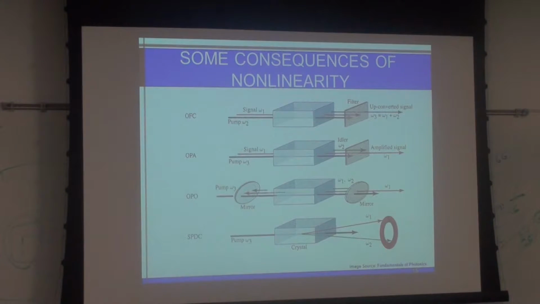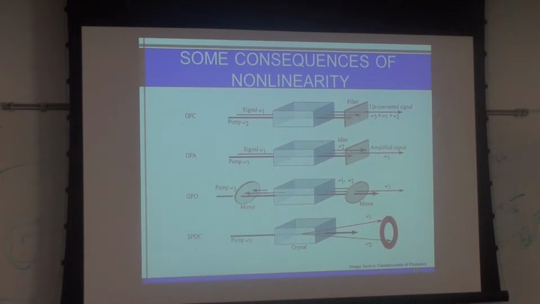So you have some very fascinating, I just put up a couple of interesting ones, or at least some more popular ones, some interesting consequences of nonlinearity. The first one, optical frequency conversion. Right? So what you have here is a nonlinear system, and you have at least 2 laser inputs to that nonlinear system.